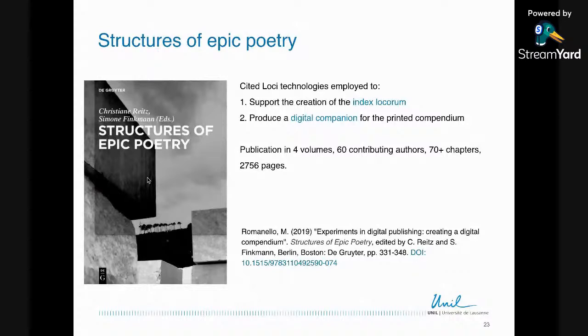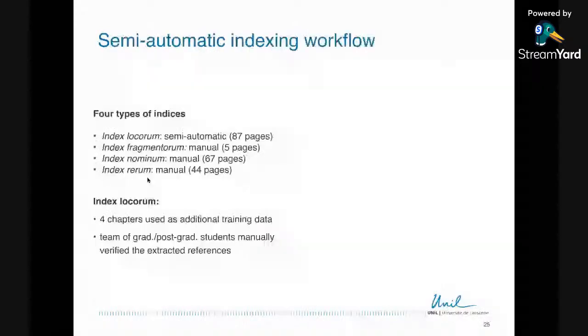And the process was to take some chapters. So the first 4 chapters that were ready were used as additional training data to train the pipeline, essentially. And then there was a team of graduate and postgraduate students that went through the references and verified them manually.